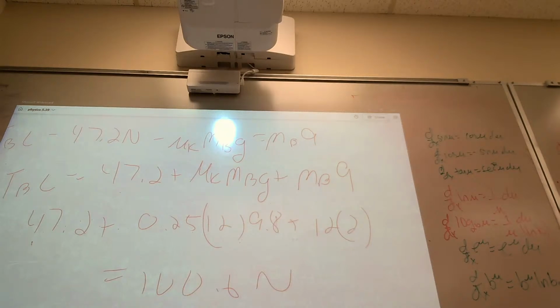There's no friction, so it's T minus TA, and TA is 47.2.